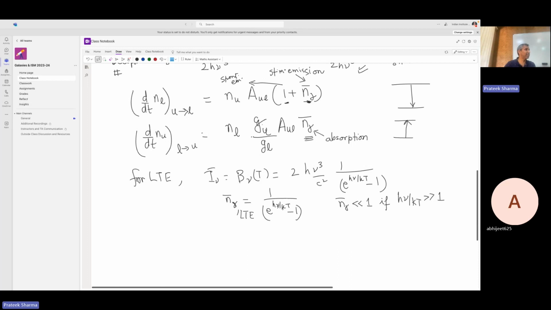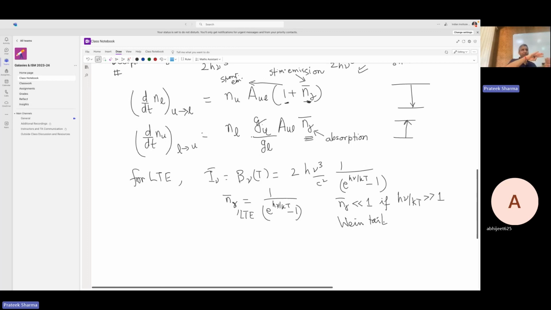Then you can just ignore the 1 and it becomes e to the minus h nu by kT, which is much less than 1 because h nu is much greater than kT. So this is in the Wien tail of the black body.